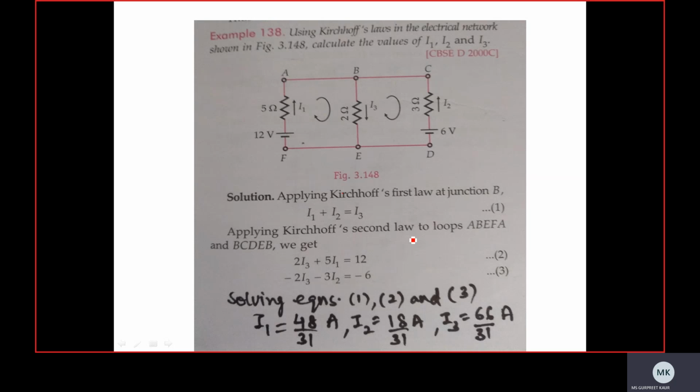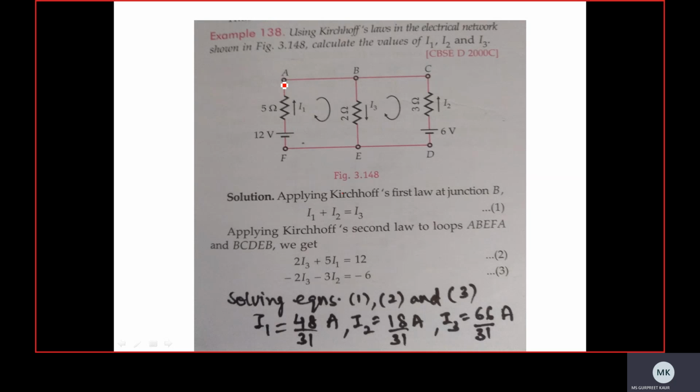Now consider two loops, A, B, E, F, A and B, C, D, E, B. You are applying Kirchhoff's second law in both the loops. You will get these two equations. हाँ जी अप्लाई करो जरा यहाँ पे.